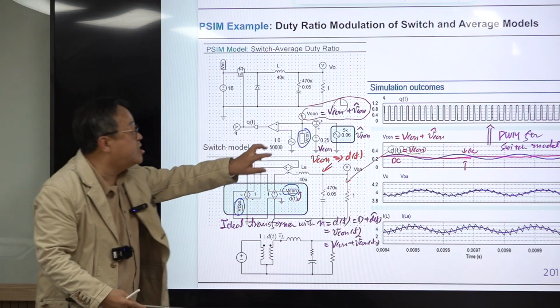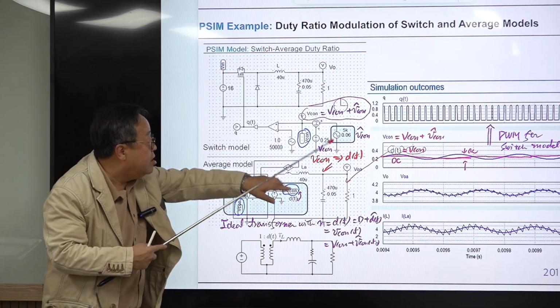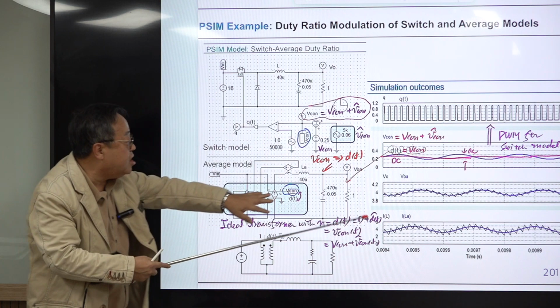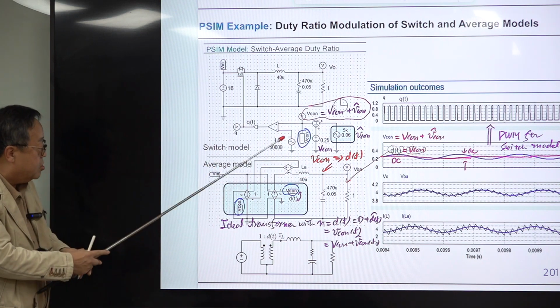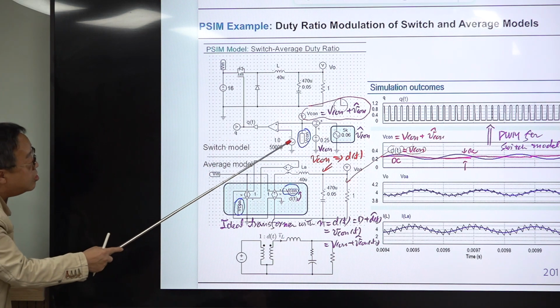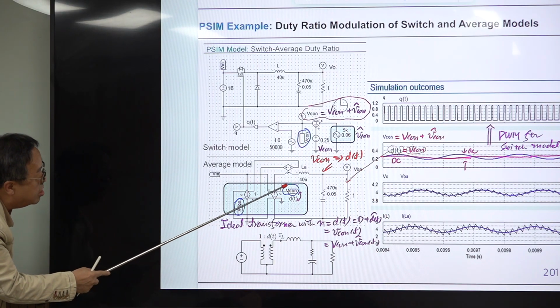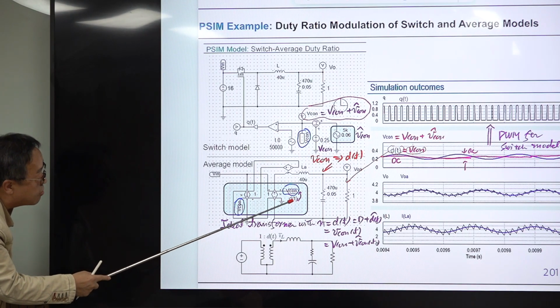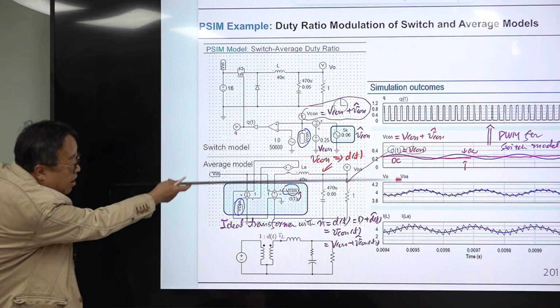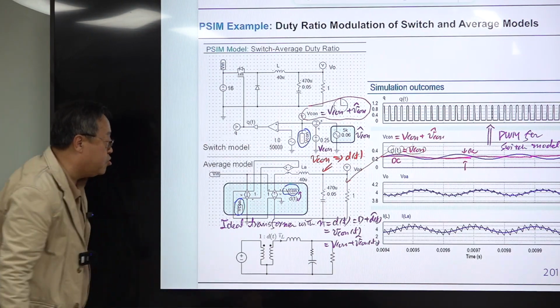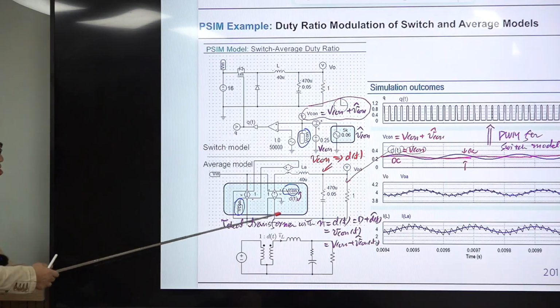You can use the same variable here as the control voltage, and here as the duty ratio. So this is the ideal transformer. The V con is coming here, so this becomes d(t), which has DC value and AC value all together. So this is the model for the ideal transformer.